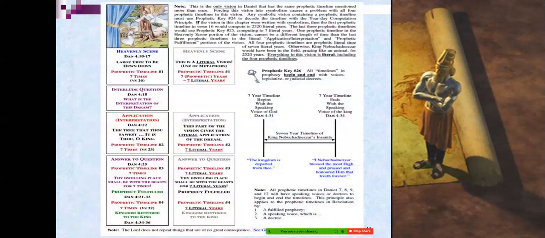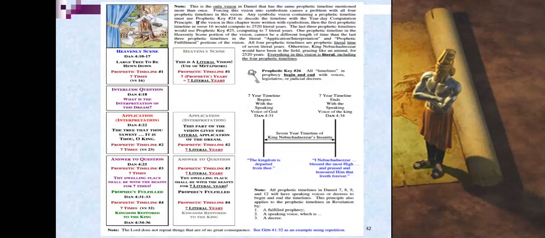I have the page number covered up, but this structure chart is in that PDF I sent out to everyone. The note above says this is the only vision in Daniel that has the same prophetic timeline mentioned more than once.